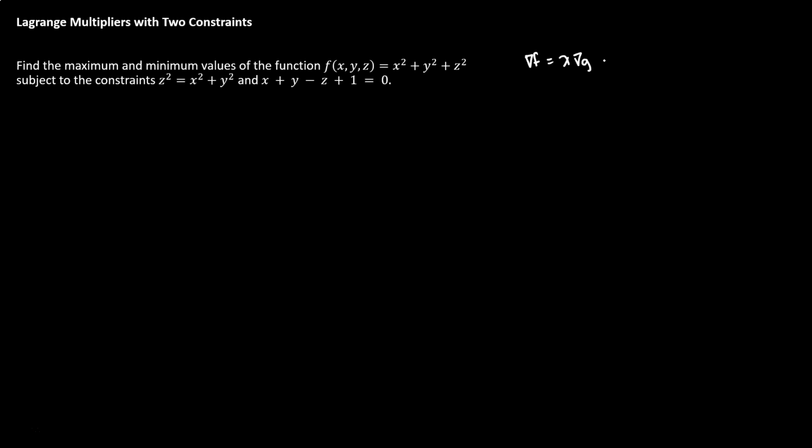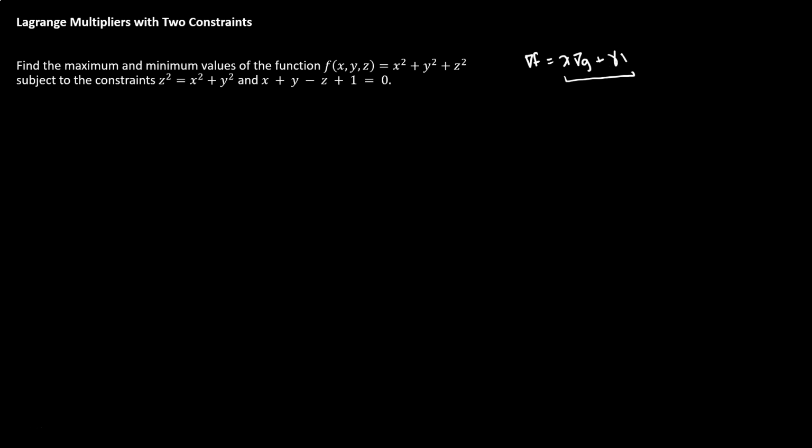In fact, we're just going to tack on an extra lambda gradient g. We're going to act like we're adding together two vectors to create gradient f. The textbook just uses subscripts, but I don't like subscripts, so instead of using lambda 1 and lambda 2, I'm going to use gamma.